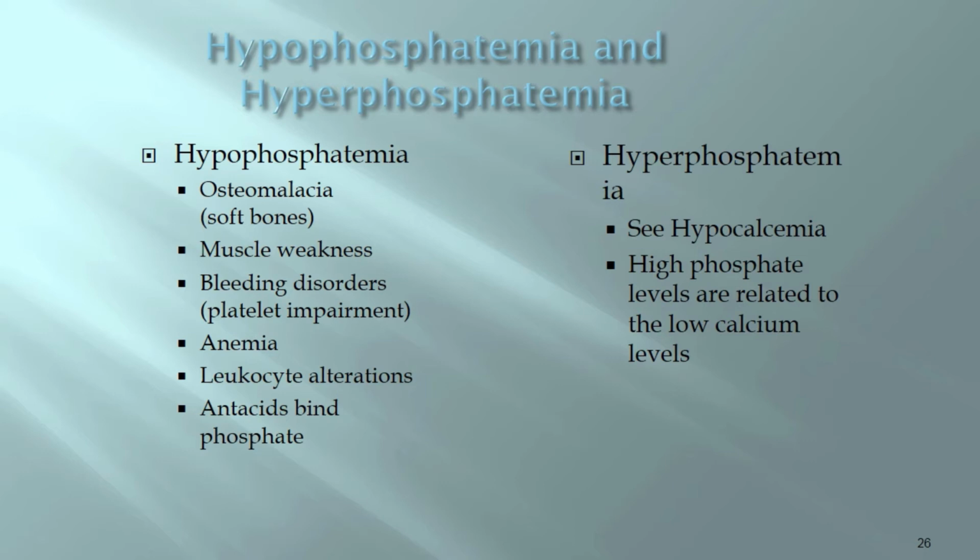When we're talking about hyperphosphatemia and hypophosphatemia, we will see in a hypophosphatemia case that the patient may have osteomalacia, muscle weakness, bleeding disorders secondary to platelet impairment, anemia, and leukocyte alterations.